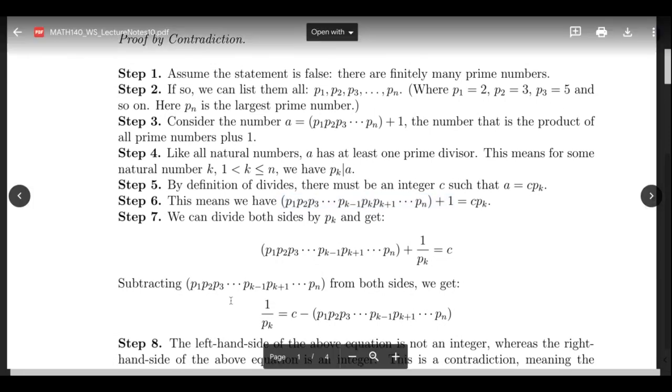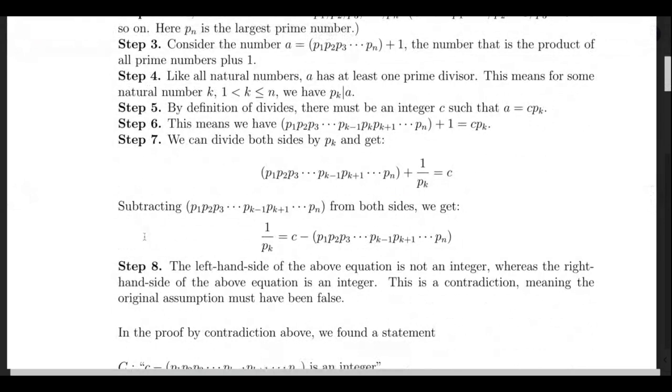Well, let's keep going. Let's subtract the product from both sides. So we get 1 divided by Pk equals 1 integer subtract another integer, because the product of some prime numbers is an integer, right? And the C also is an integer. But 1 over Pk won't be an integer, because the smallest prime is 2.